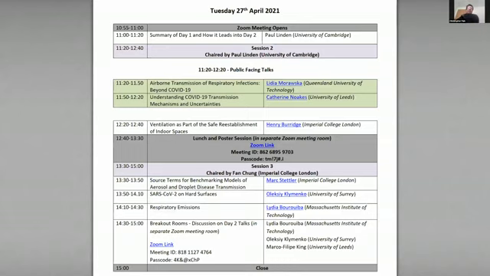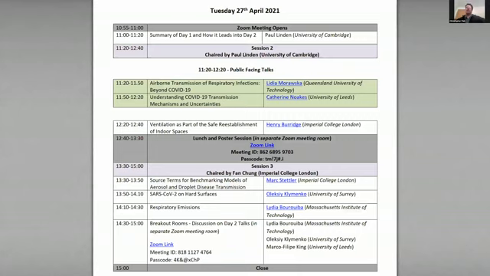I'm just going to pick out some things from the presentations. Kath Noakes gave a very good presentation on understanding transmission mechanisms and uncertainties.